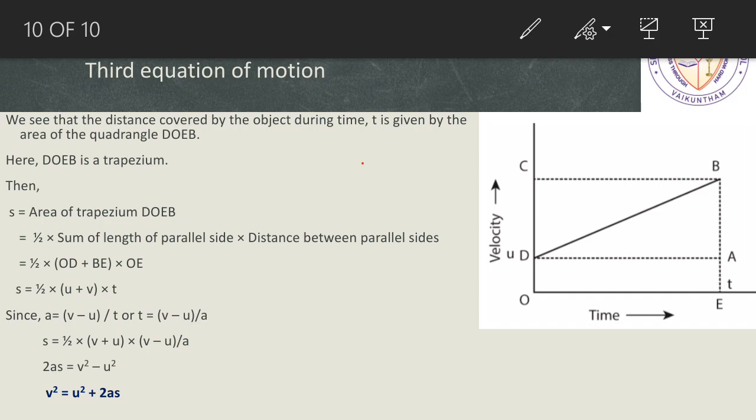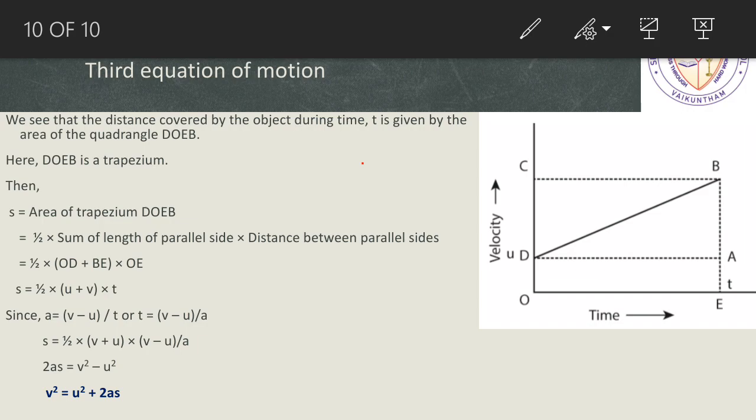After stating the definition, we carry out the derivation, and then in the second one we use the concept of area under the graph will give us the distance or displacement. So we take S as the area of a triangle plus the area of the rectangle. In the third case, the same concept is used, but here we take the complete area as one figure, that is the area of a trapezium.